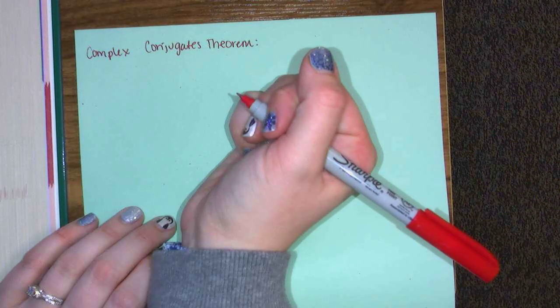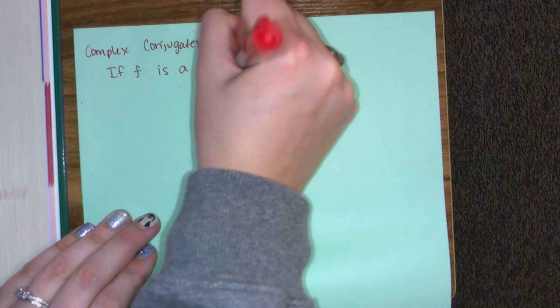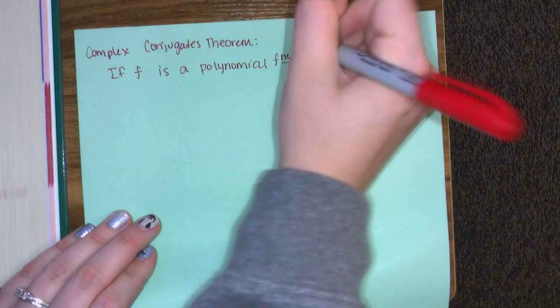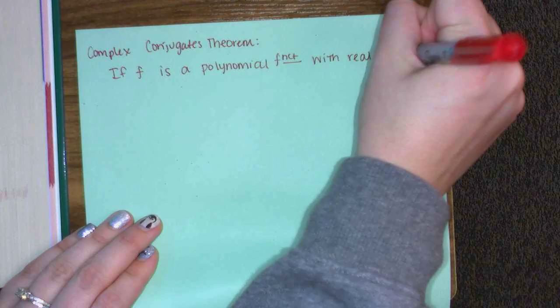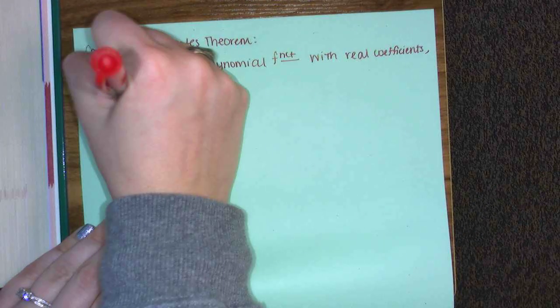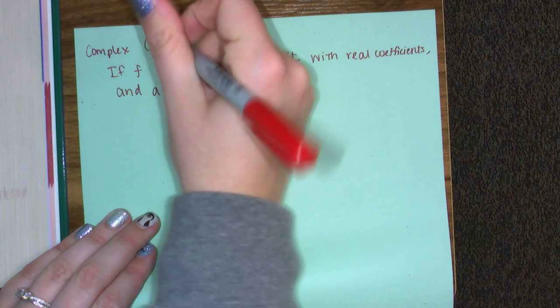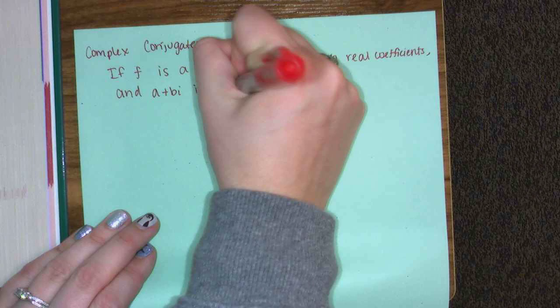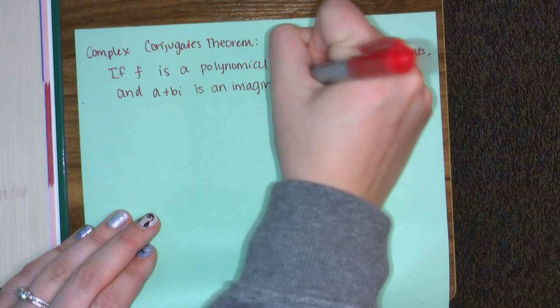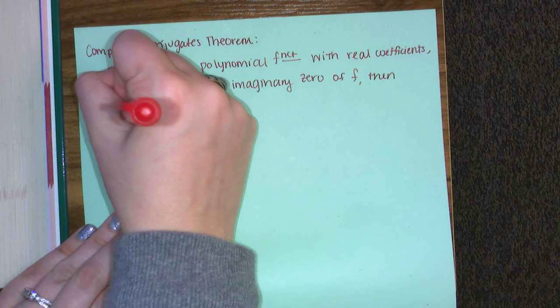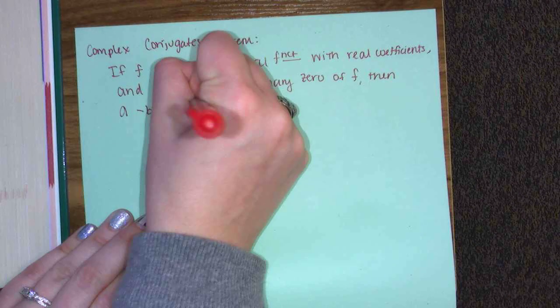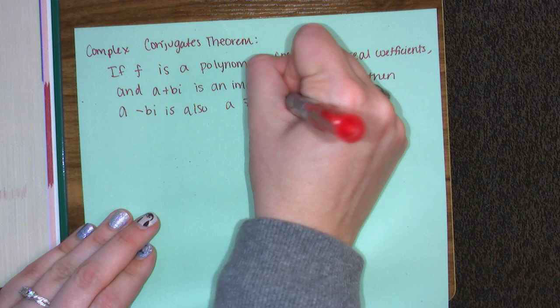This theorem says that if f is a polynomial function with real coefficients and a plus bi is an imaginary zero of f, then a minus bi is also a zero of f.